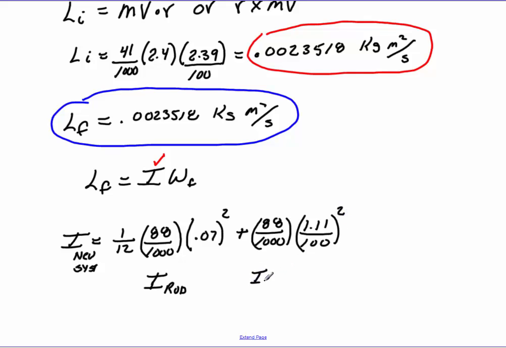That's the moment of inertia about the rod using the parallel axis theorem. Does that make sense, everybody? And then, am I done or not?